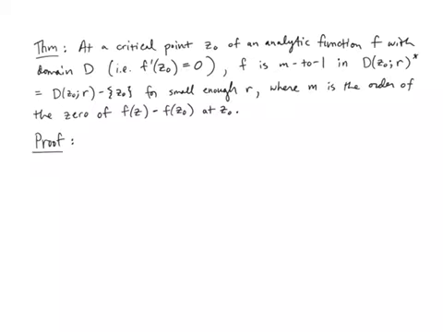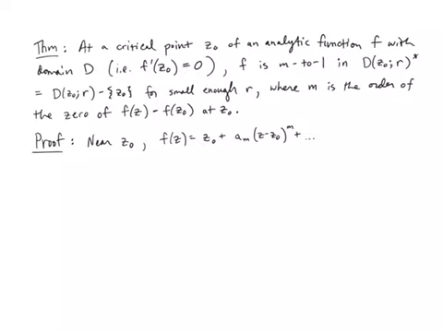The proof is that, near z naught, we use the fact that we have a critical point first. f of z equals z naught plus, well, there is no degree 1 term because the derivative is 0 at z naught. So this is going to start at, say, a sub m times z minus z naught to the m plus dot dot dot.